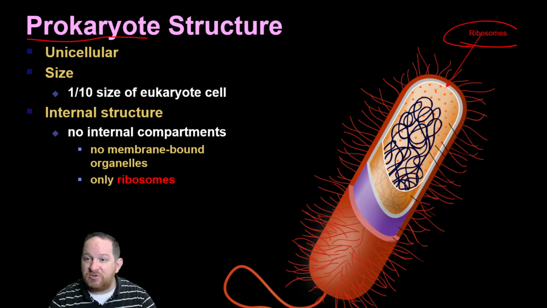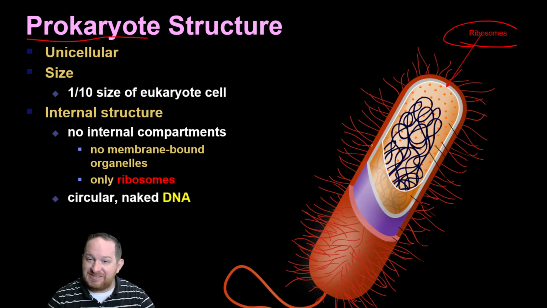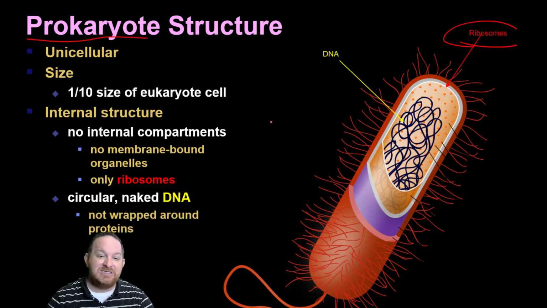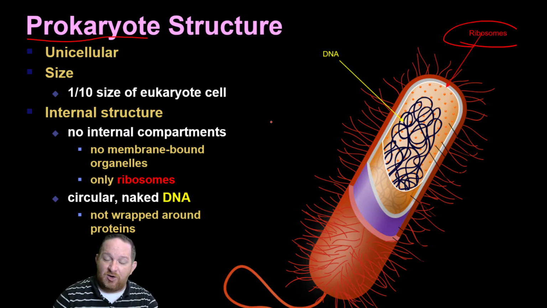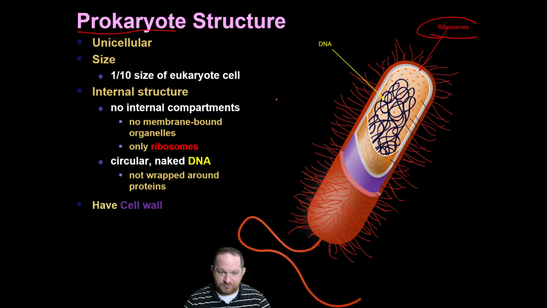However, the ribosomes that they have are a slightly different size than the ribosomes that we see in eukaryotic cells. So there is DNA, there is some genetic material in prokaryotes, but it is what we call circular naked DNA, meaning it is not wrapped around any proteins. It's just sort of loose, hanging out there in the nucleoid region.